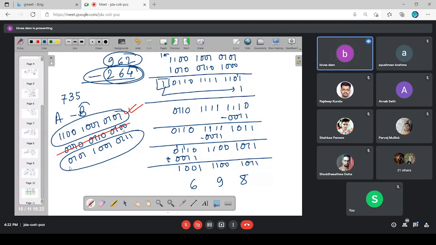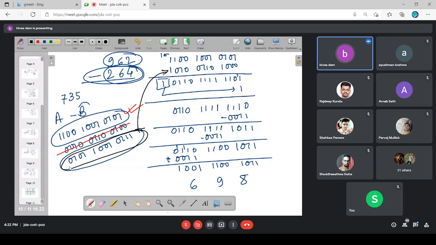So given this pattern, this is a negative number pattern. In which system? Normal BCD or excess-3 BCD? Excess-3 BCD. So from here, I have to convert it by some means and come to this particular pattern. Then only I can go for the addition.